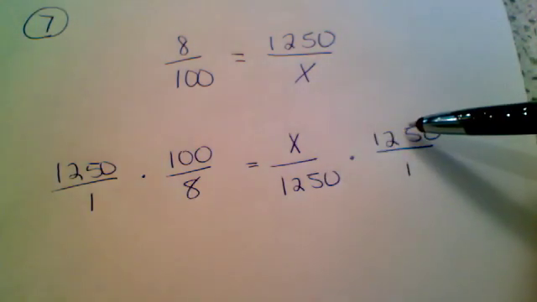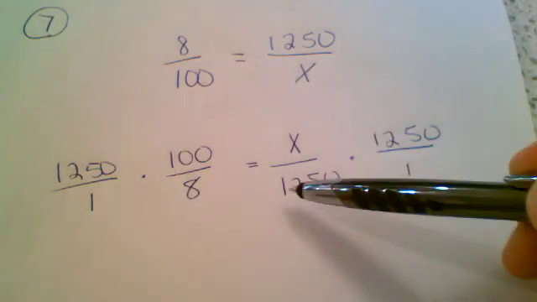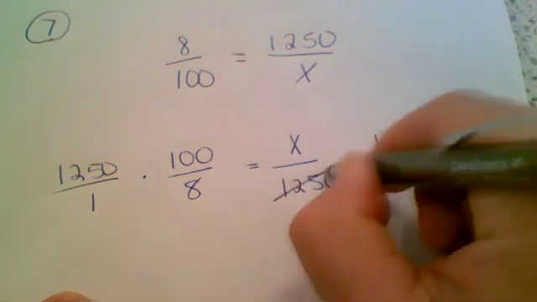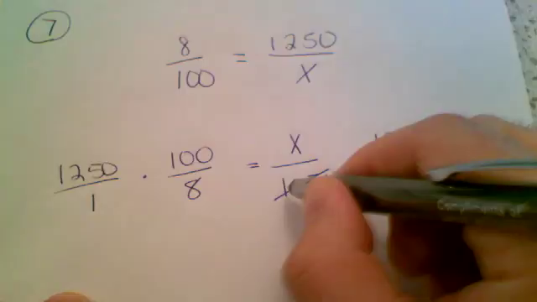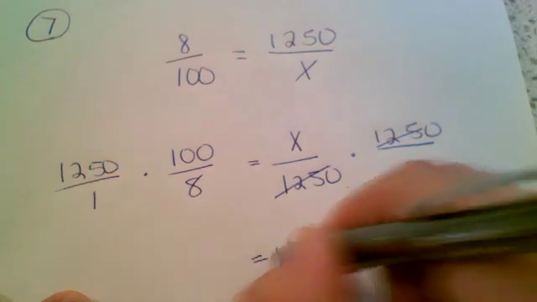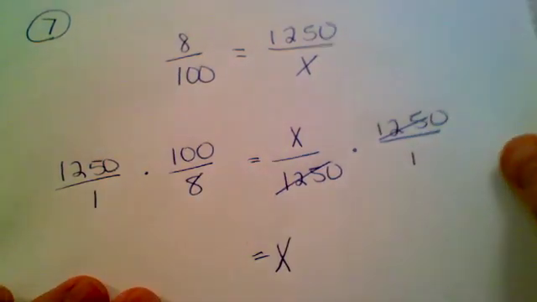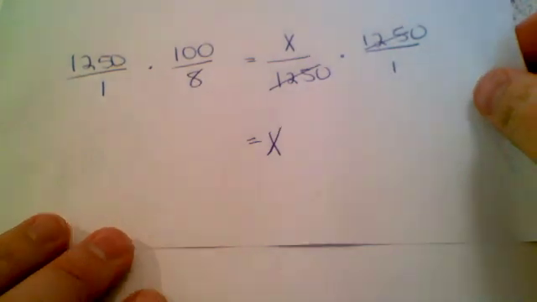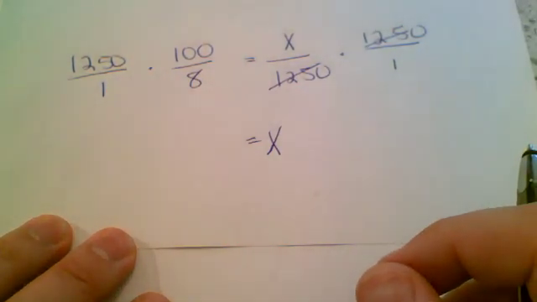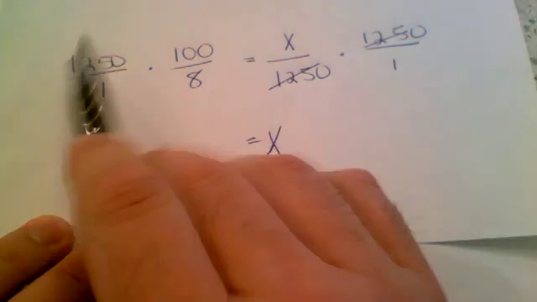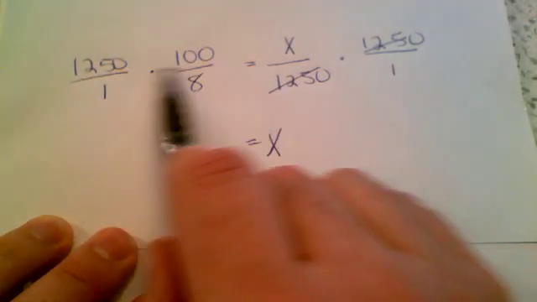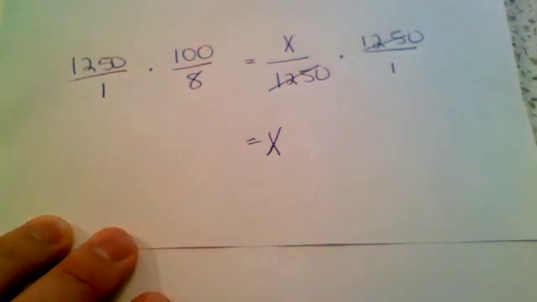So we multiply by 1250, and we do that on both sides because this is an equation. Multiplying by 1250 and then dividing by 1250 is as if you never did anything. Next we have 1250 times 100, and then divide that by 8.